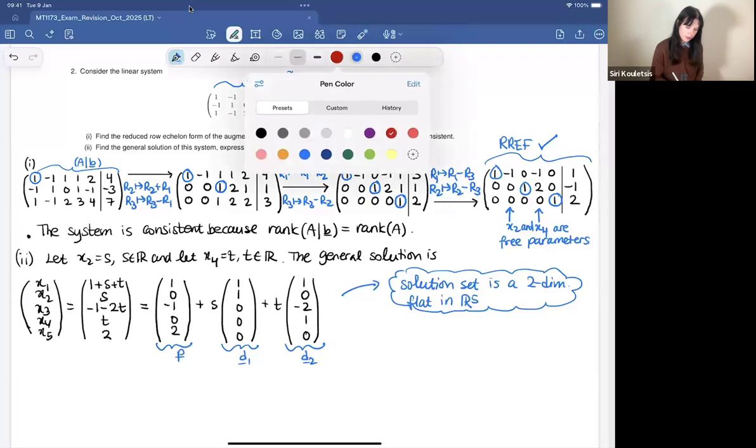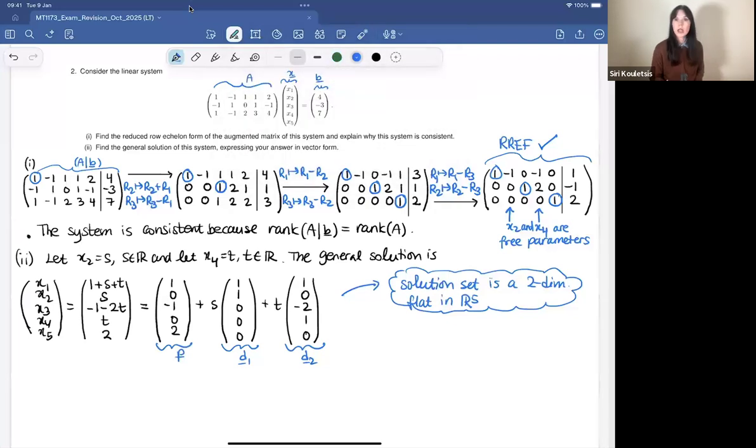Maybe I can write it in a different color. So P here satisfies all three Cartesian equations defining the linear system.